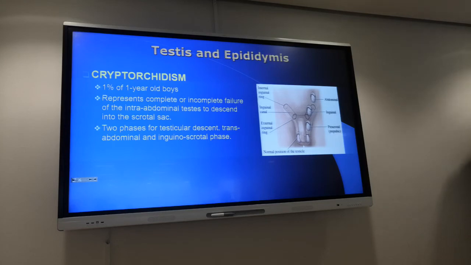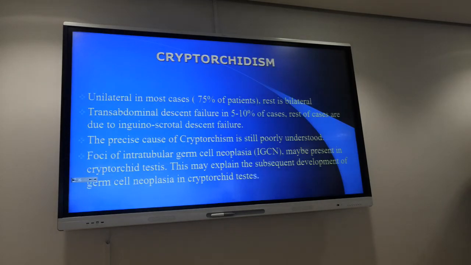Why? Because this testis is buried somewhere. If there is complete failure of descent, it's buried somewhere in the abdominal cavity, and you need to figure out where this tumor is developing. All right, we did talk about the two phases. Which is the most likely location for the undescended testis? The transabdominal failure is around 5%. The transinguinal failure, the inguinoscrotal phase, is the most likely failure to happen.